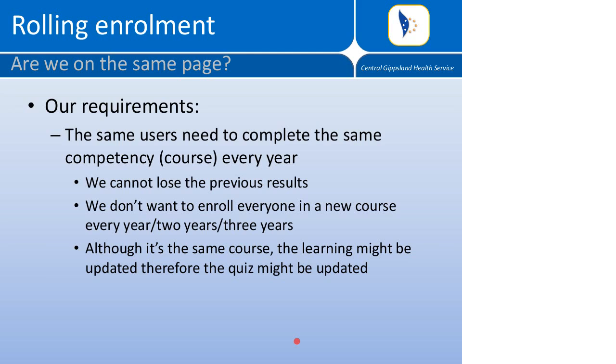We cannot afford to lose the results, but I don't want to be sitting at the computer enrolling 1,000+ staff into a course every year. And when we've got 20 odd competencies that they need to complete every cycle, I certainly don't want to spend my time doing that. So I needed to find a way to make this work.